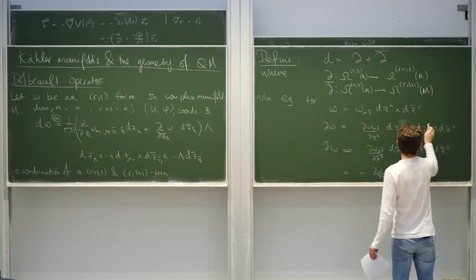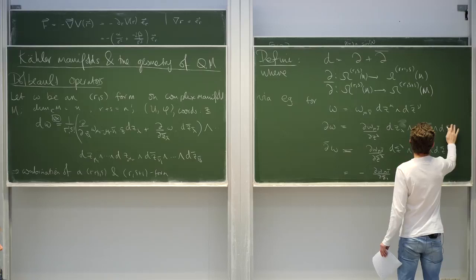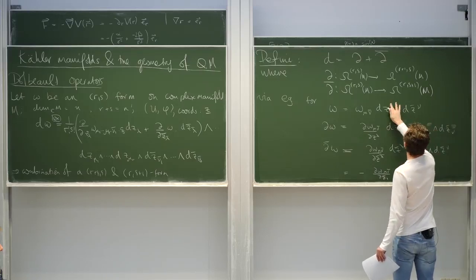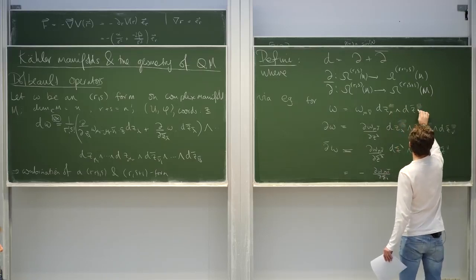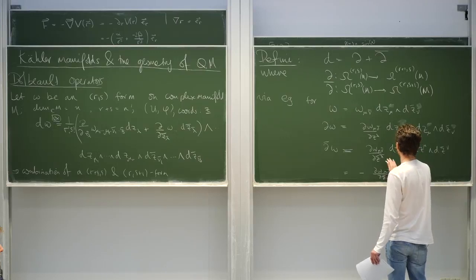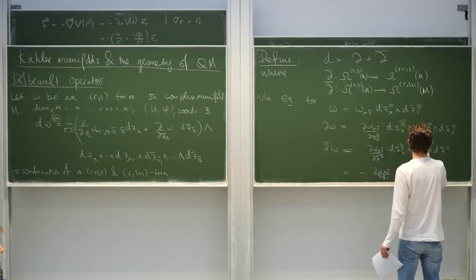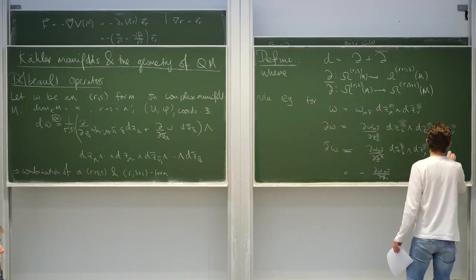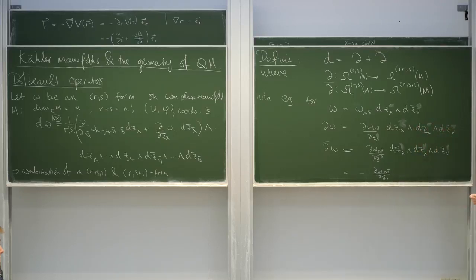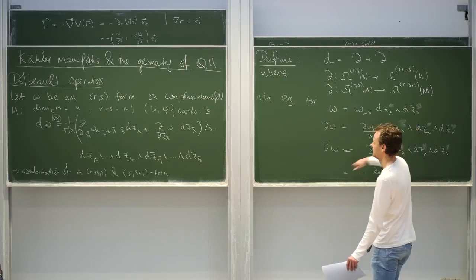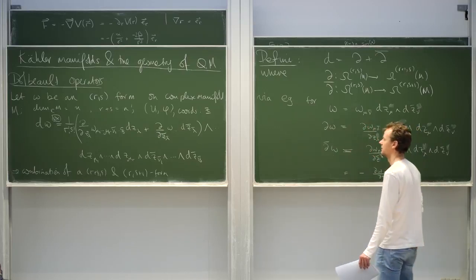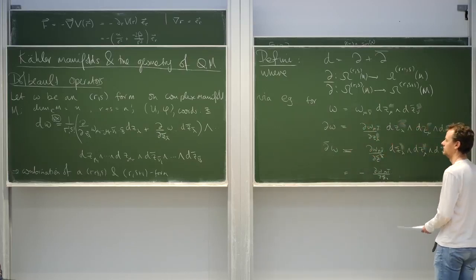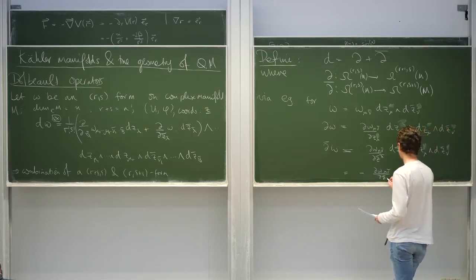I started writing components upstairs, but just to be consistent with the rest of the text, I'll leave the components downstairs. At the moment, there's no particular meaning to upstairs or downstairs, but I don't want to be flipping between these two notations.